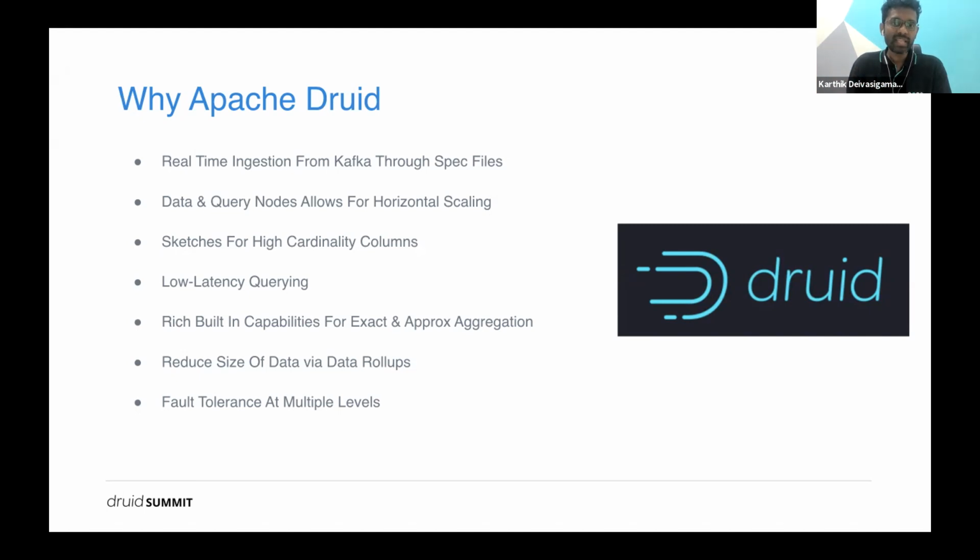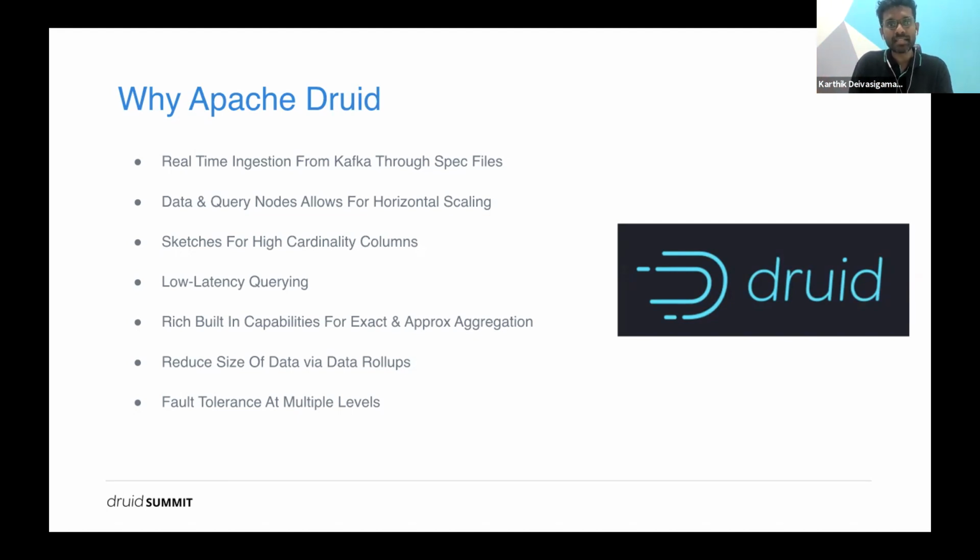Then the second aspect was the architecture of Druid, the way it's built, the master nodes, the data nodes, and then the query nodes, right? You can scale any of these components independent of each other horizontally, right?